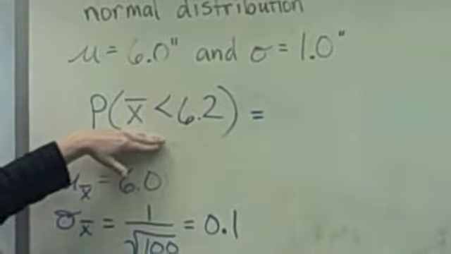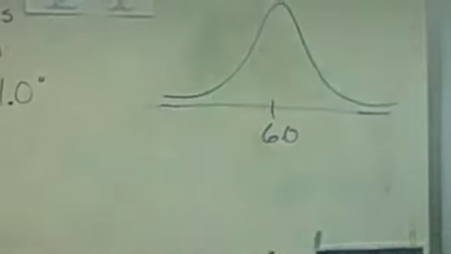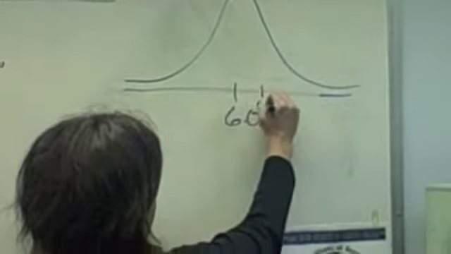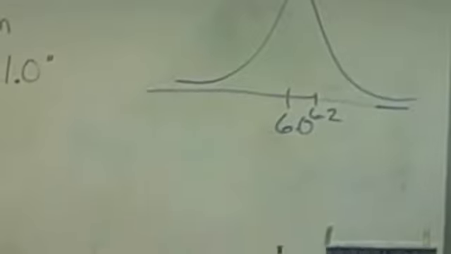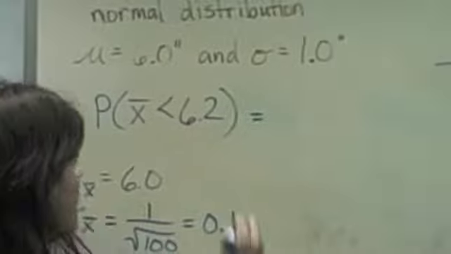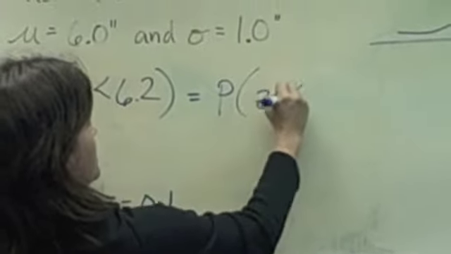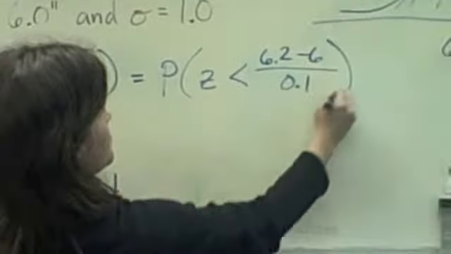So the probability that x bar is less than 6.2, so again, because the original population is normal, the sampling distribution will be normal with the same mean. It's just skinnier now because the standard deviation is smaller, but 6.2 is still right next door to 6.0, and we're still looking for the probability that you're less than 6.2. So we're looking to the values to the left of 6.2, and we're looking at this corresponding area. So again, we have to compute our z-score, and 6.2 minus 6 all over, not 1 anymore, but 0.1.